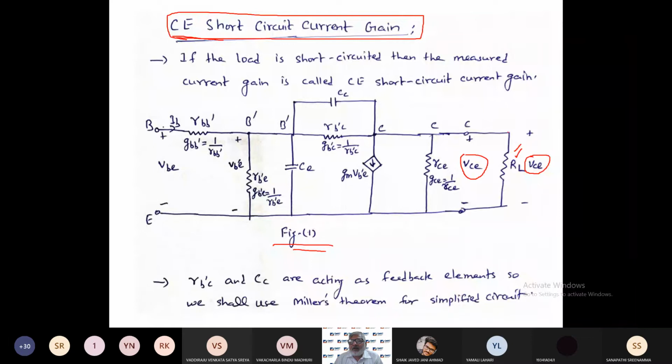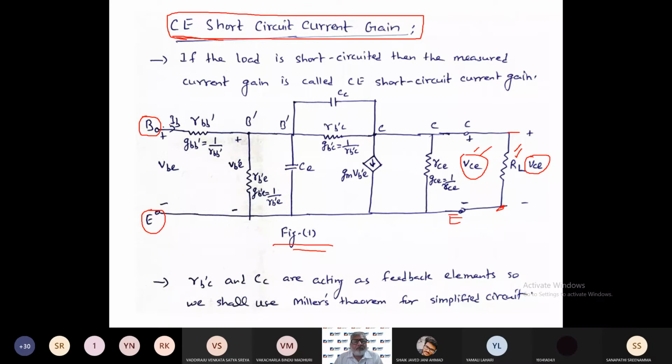So whether you measure the voltage from this side or this side, across this RL you will find the same voltage, VCE. Now if you come to the input side, this is base terminal B. This is our emitter, which is common. So here also it is emitter. This is common.